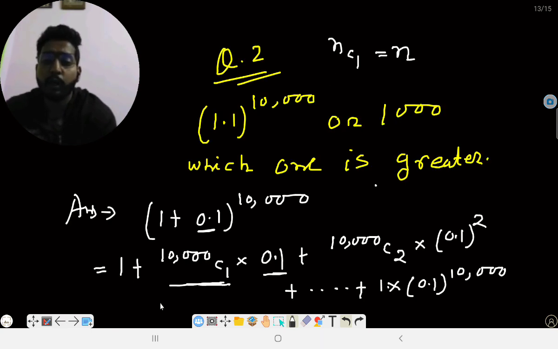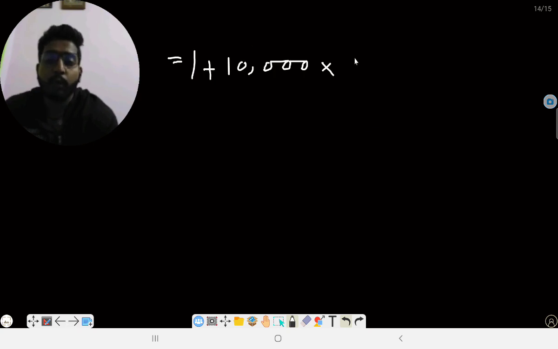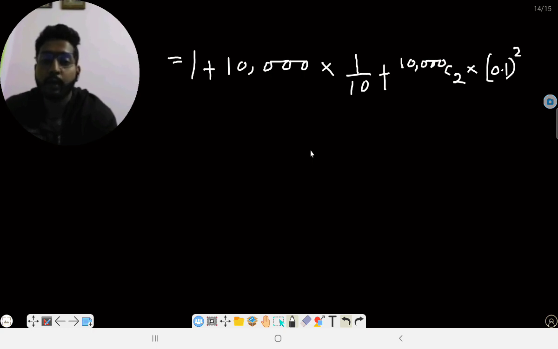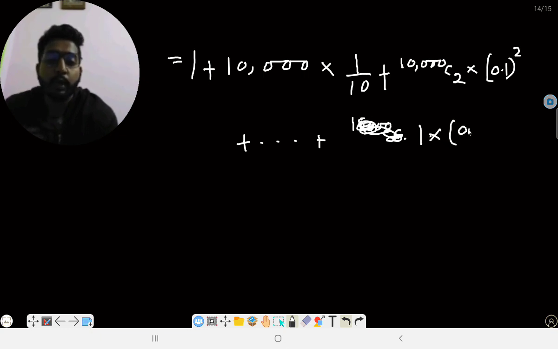So it can be written like this: 1 plus 10,000 into 0.1, which is 1 by 10, plus next 10,000C2 into 0.1 whole square plus dot dot dot, the last term 10,000C10,000, that means 1 into 0.1 whole to the power 10,000.